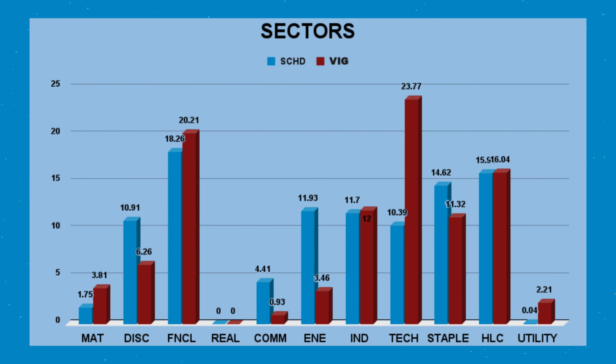VIG's emphasis on tech reflects its strategy of targeting companies with consistent dividend growth. Both ETFs exclude real estate due to the non-qualified dividends real estate companies issue, but their divergent sector allocations illustrate SCHD's preference for stability and immediate income, while VIG aims for long-term growth through tech-heavy exposure.